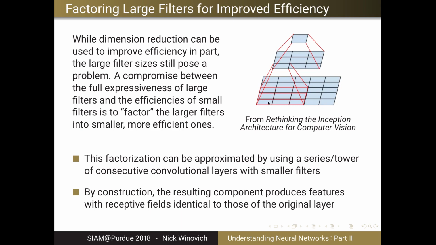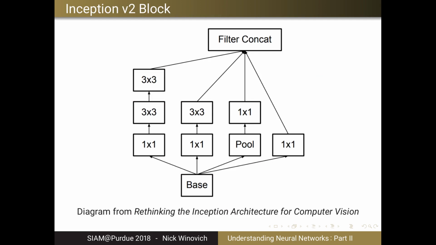If we slide a 3x3 filter across that, we'll get a resulting 3x3 set of features here. And then using one more 3x3 filter, we get a single value, but its receptive area on this original bottom layer is 5x5. So these two 3x3s can be used to mimic, at least in the sense of receptive fields, the 5x5. Okay, and so this is only an approximate factorization, but in practice it tends to work quite well.